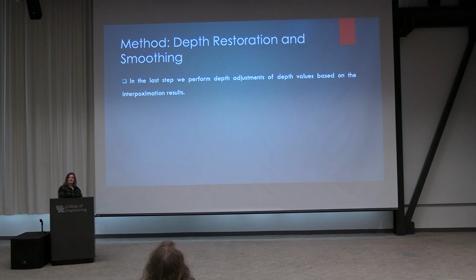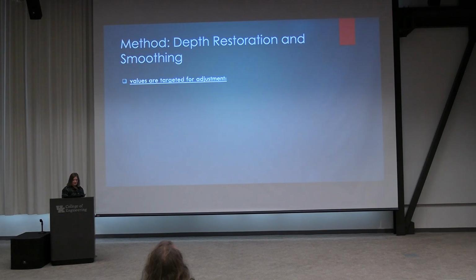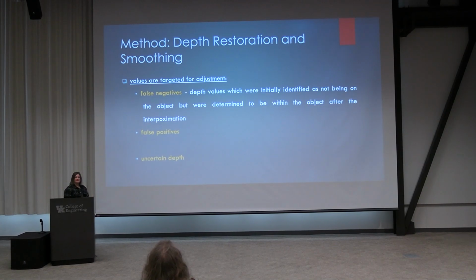We will perform a depth adjustment, and depth adjustment will target 3 different types of values. Those are false negatives, false positives, and uncertain depth. Well, false negatives, what are those? Those are depth values that were initially identified as not being on an object, but after interpolation, they should be included within the object.